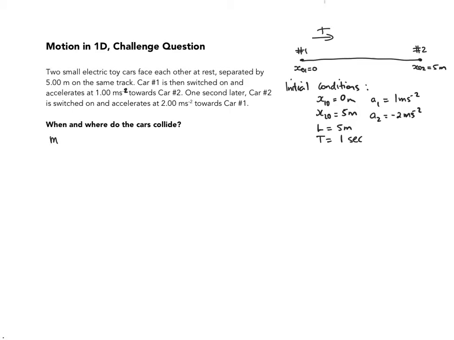So they meet when their position is the same. So after some time t, x1 equals x2, so their position is the same. So let's have a look at everything we have. We've got acceleration, we've got times, so actually we're looking for t, and we're looking for this position x.